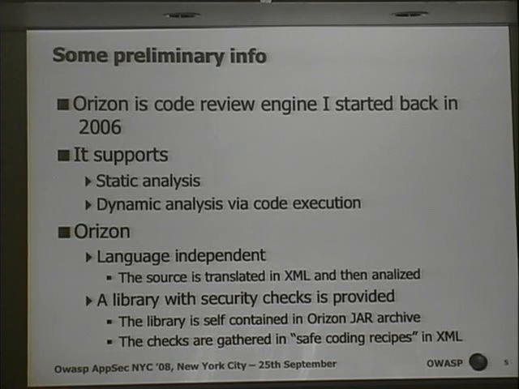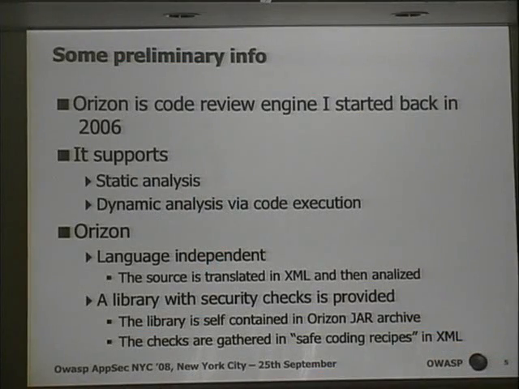Horizon is language independent. I mean that the source code is first translated into XML before scanning. So adding support for a new programming language means writing just the translator class between the source code, I mean Perl or Ruby, and XML.